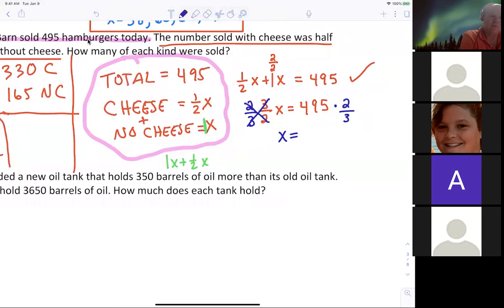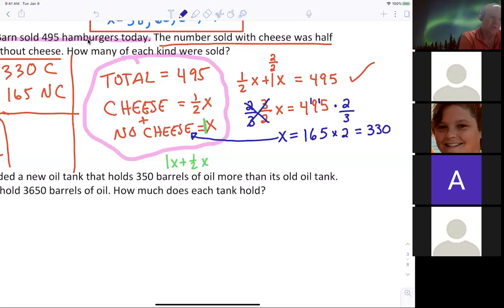So 3 goes into 4 once with 1 left over. 3 goes into 19 6 times with 1 left over. 3 goes into 15 5 times. Now I have to multiply that by 2, and if I multiply that by 2, I end up with 330.